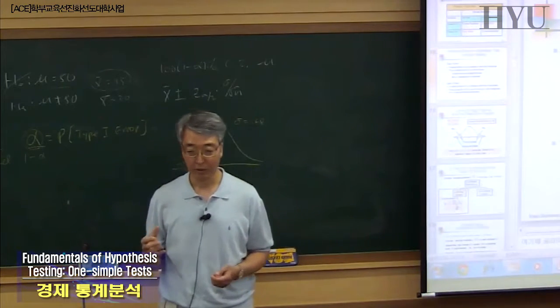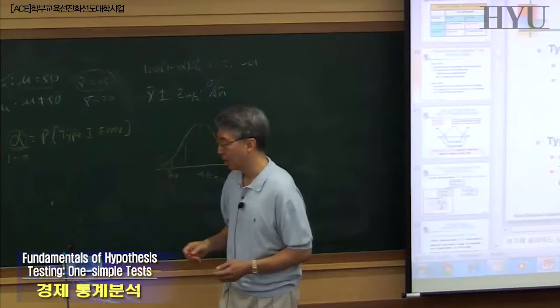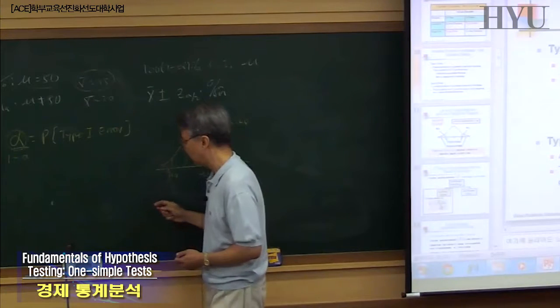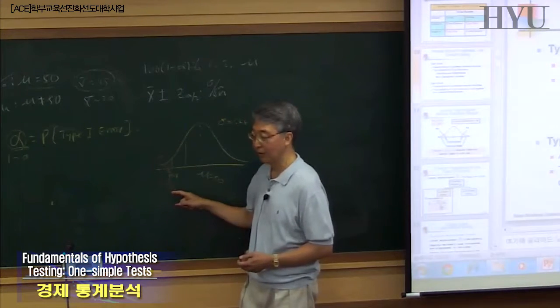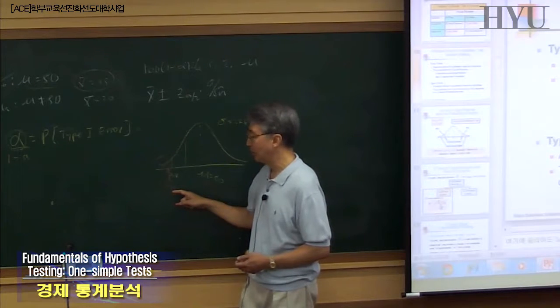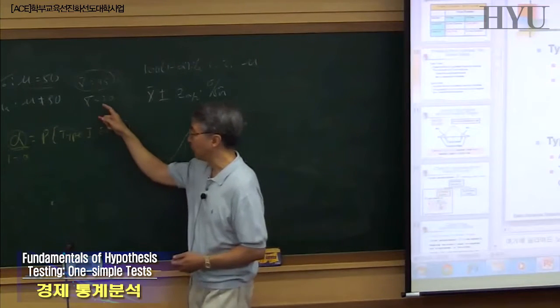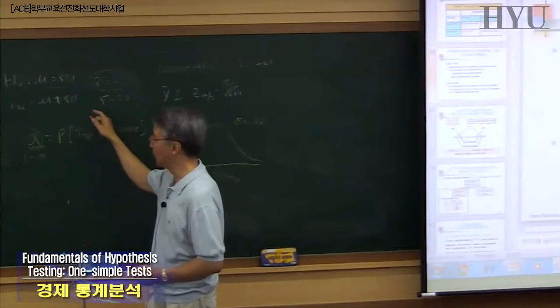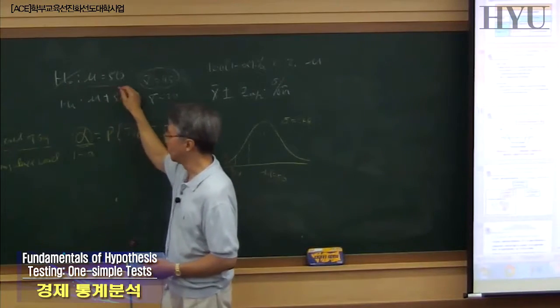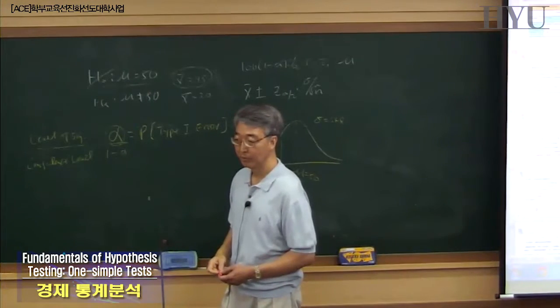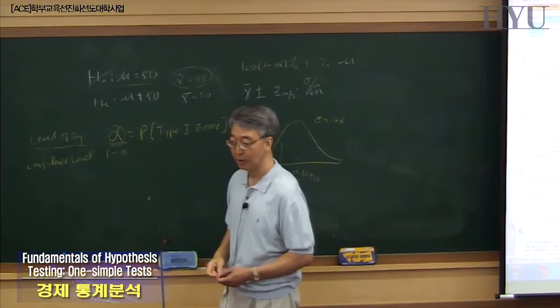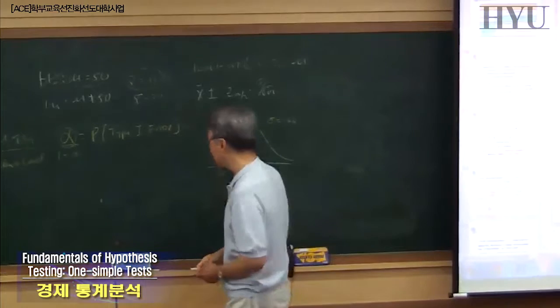But somehow it can happen. So it is highly unlikely, but still possible, even when the sample mean came out to be 20, that this null hypothesis could be true. You cannot eliminate that possibility completely. So that's the idea.